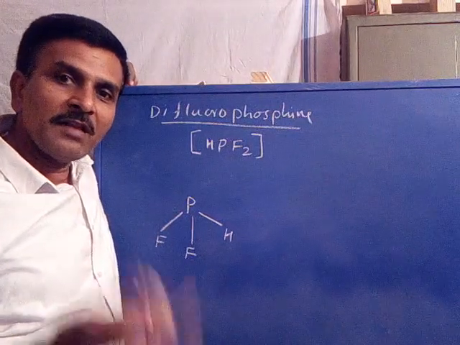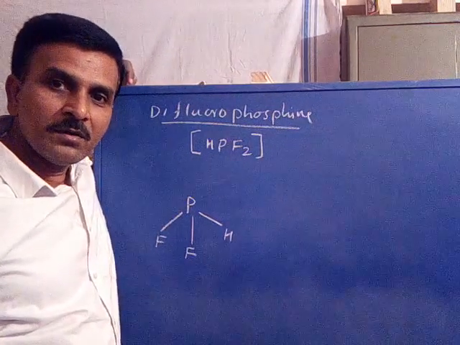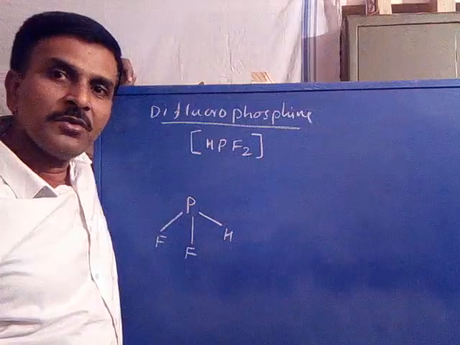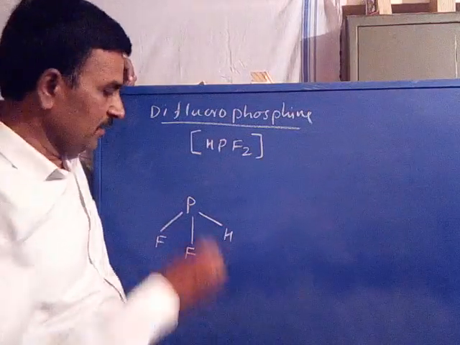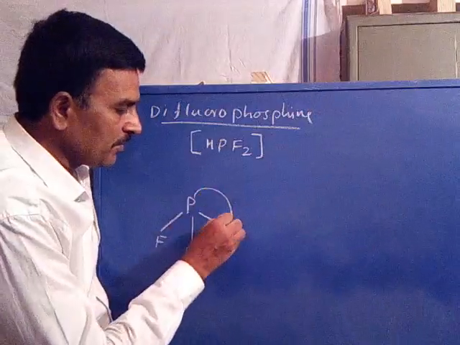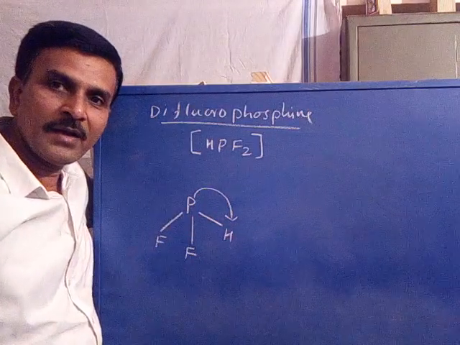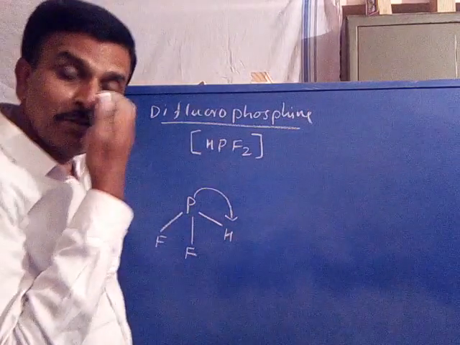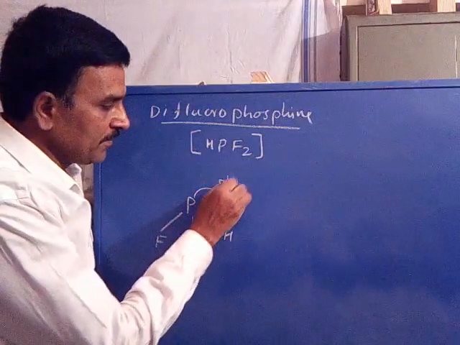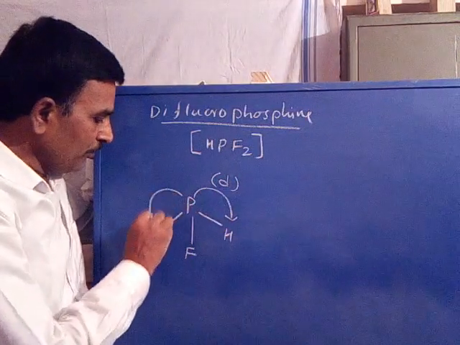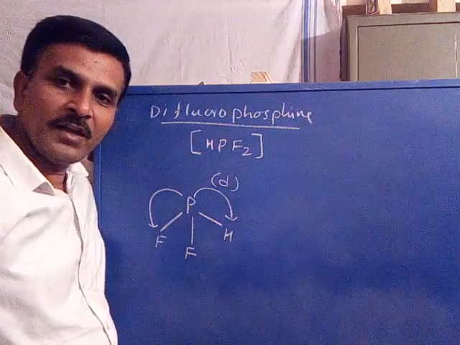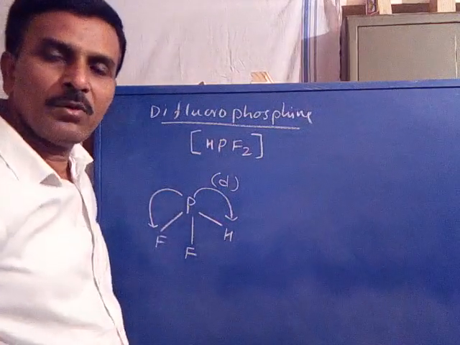So when non-equivalent coupling is observed, what should we consider? We should consider the further multiplication of n plus 1. When phosphorus is coupled with 1 hydrogen, 1 plus 1, it becomes a doublet. When coupled with the fluorine nuclei, as fluorine is also spin active, it is able to couple.